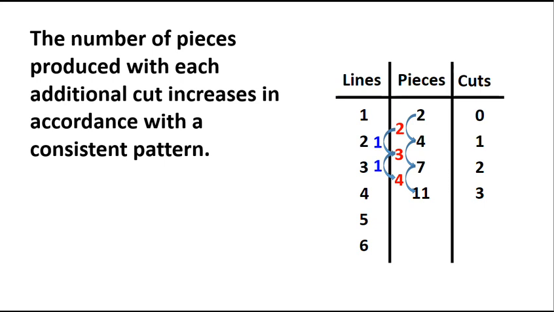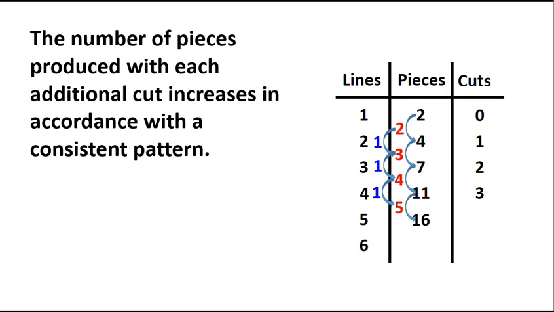Now that means when we draw a 5th line, we're going to have an additional 4 plus 1, which is an additional 5 pieces. Now we already have 11, so when we draw that fifth line, 5 plus 11 is 16. So drawing that fifth line, we should see the creation of a maximum 16 pieces.